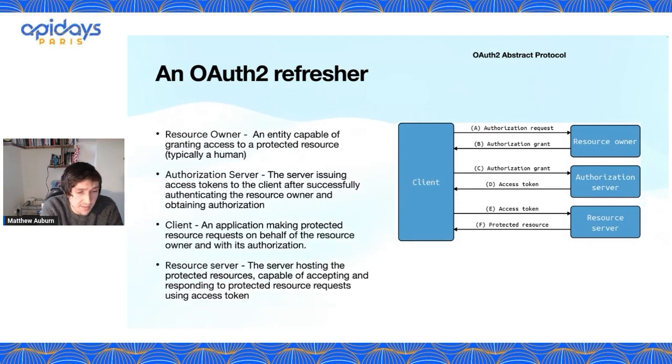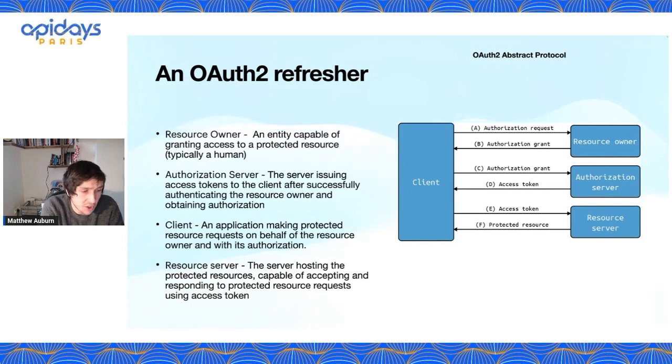Just to give a concrete example, a system holds data about conferences, and I've been asked by the client, can that client access my information about those conferences from the resource server?